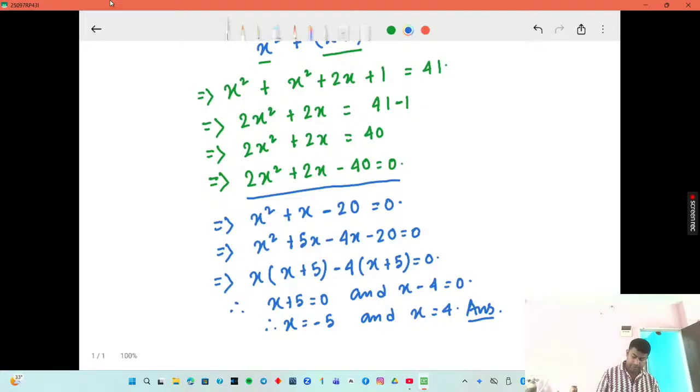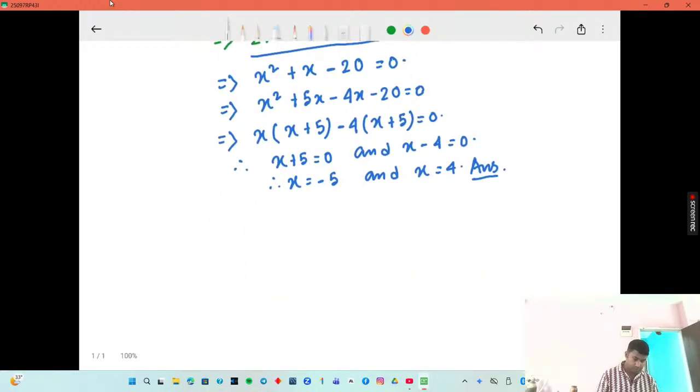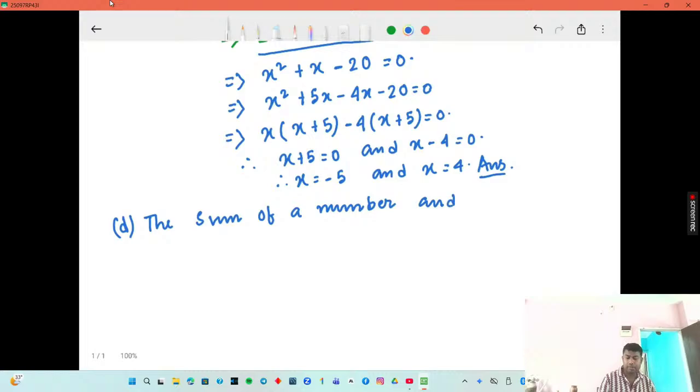The next question is given as: the sum of a number and its reciprocal is 5.2.